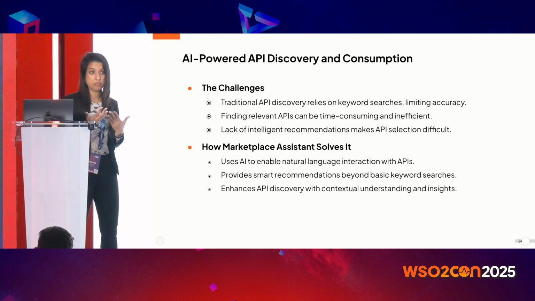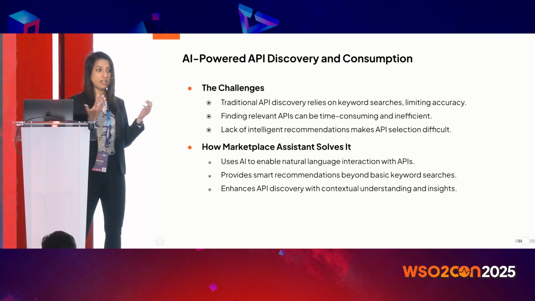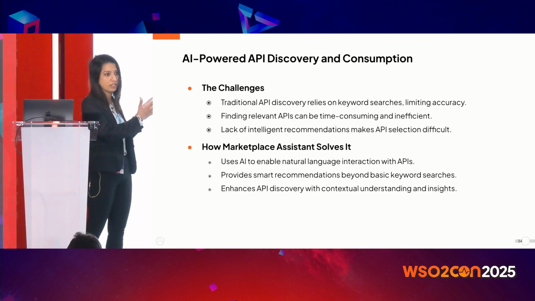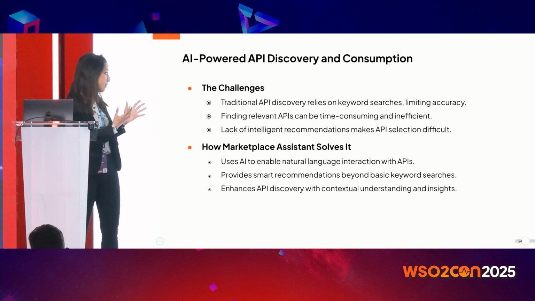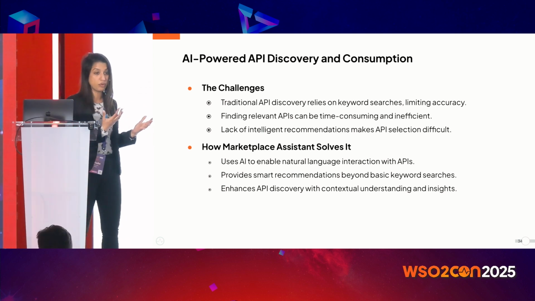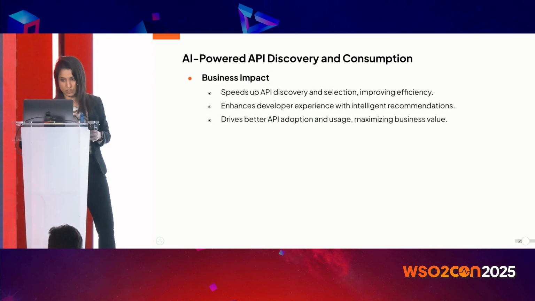Just like API design, you prompt your requirement, and then based on the APIs that are already published in the developer portal, we will recommend the APIs that you can use in your applications.